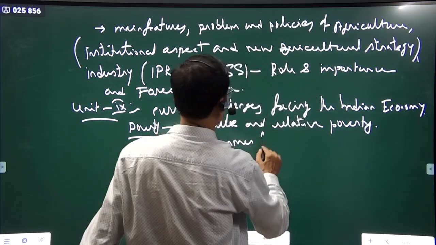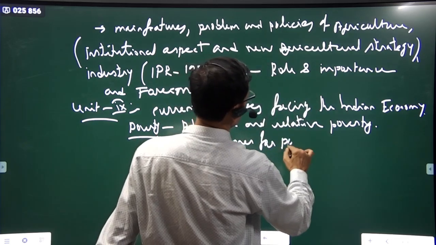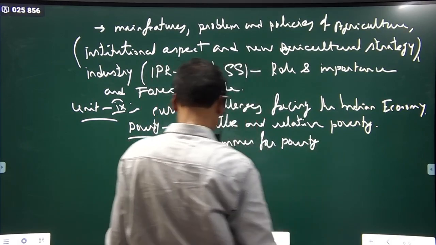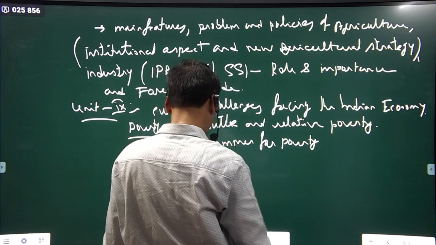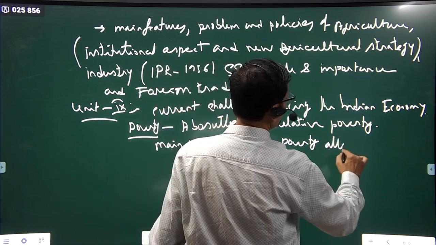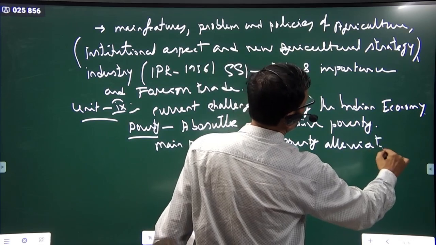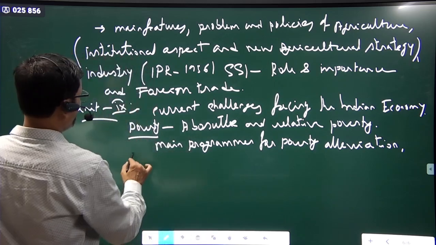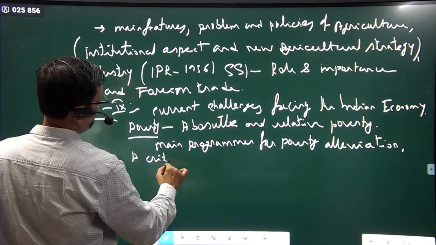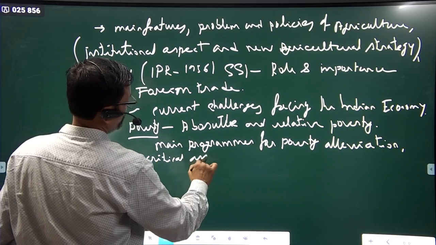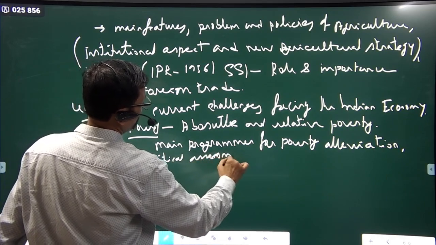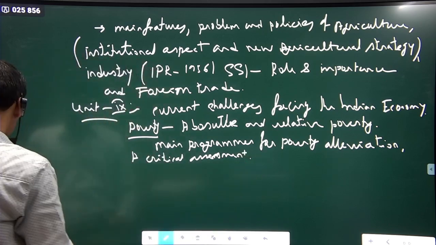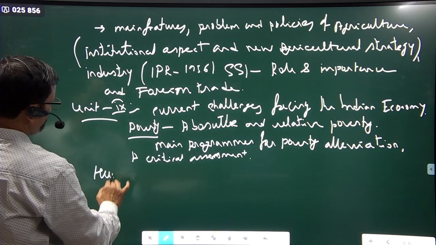You can write poverty alleviation or eradication. Next, a critical assessment. Next, human capital formation.